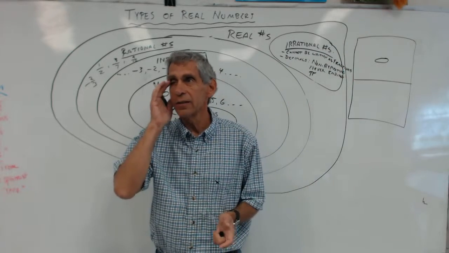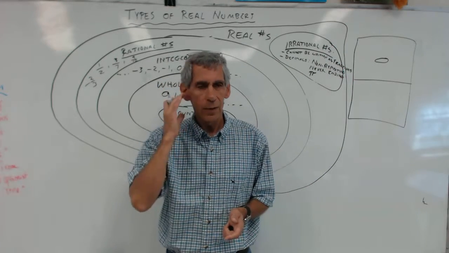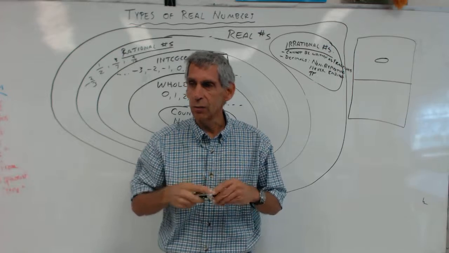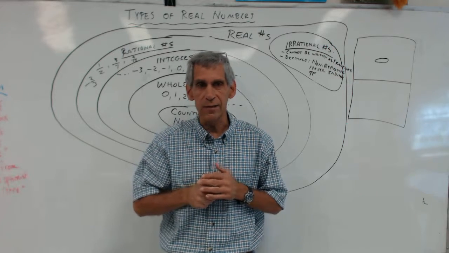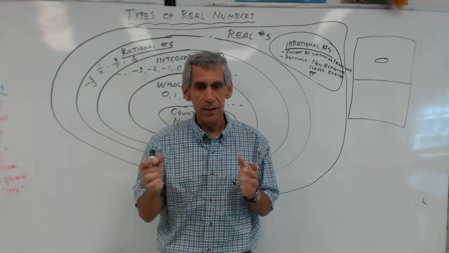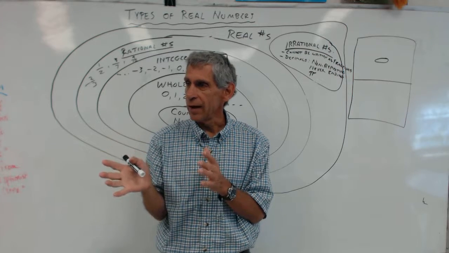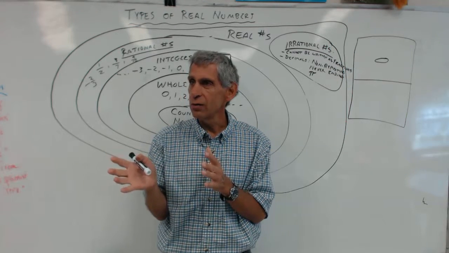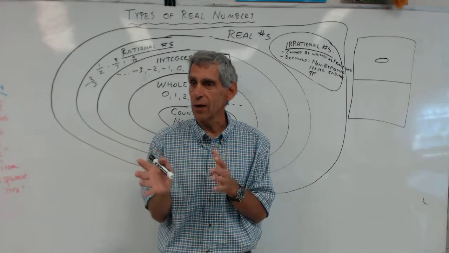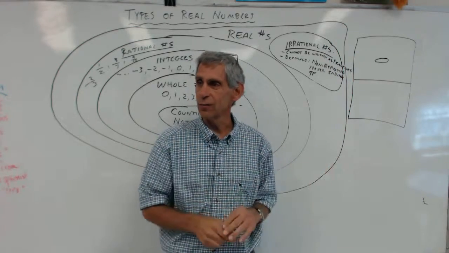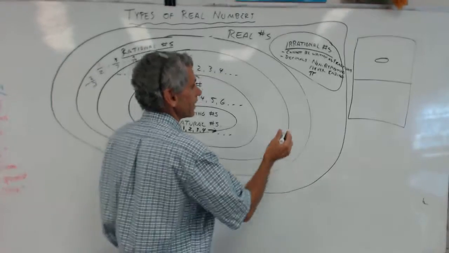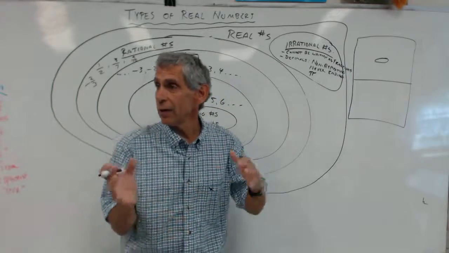I just saw something on YouTube about this guy who has Asperger's, autism, and he recited pi to the 22,500th character after the decimal point. Isn't that amazing? So it keeps going forever and ever, and they don't repeat.